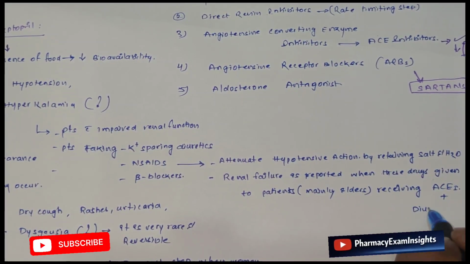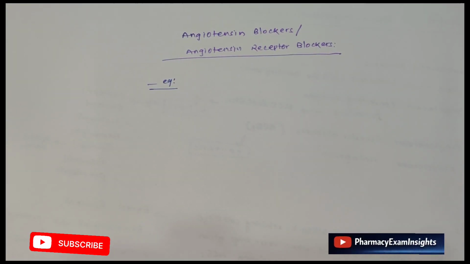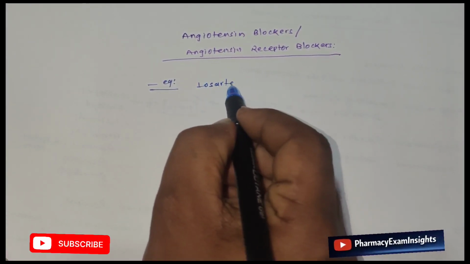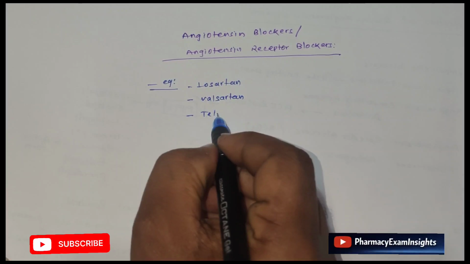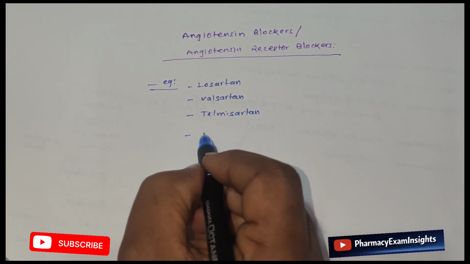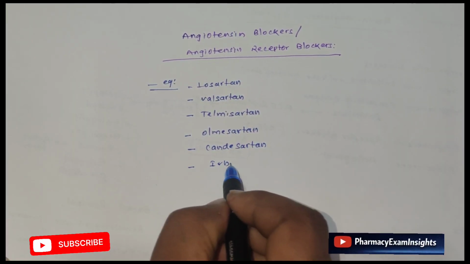Let's discuss angiotensin blockers or angiotensin receptor blockers. The names of these drugs end with sartans. Examples are Losartan, Valsartan, Telmisartan, Olmesartan, Candesartan, Irbesartan.